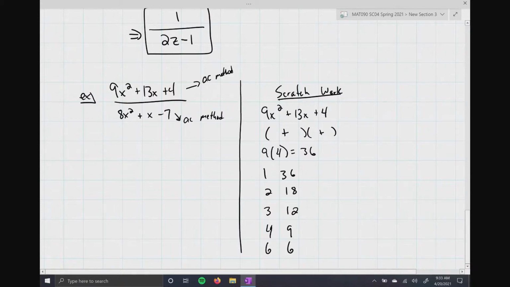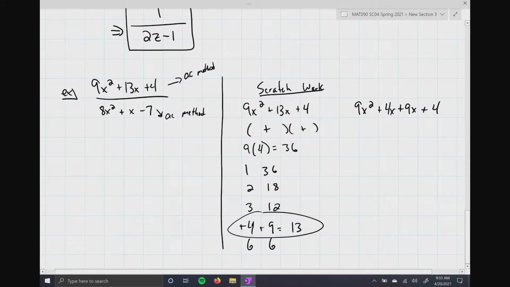I know when I add them together, because they're both positive, I got to get 13. So I found my pair of numbers, plus 4 and plus 9. So I'm going to rewrite 9x squared plus 4x plus 9x plus 4.